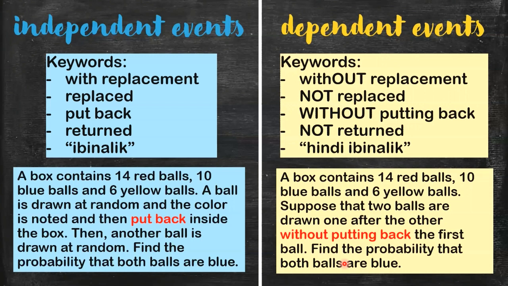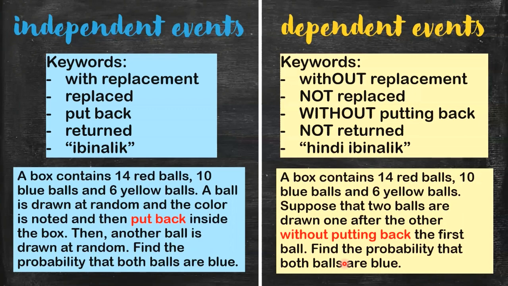So pareho ang pinapahanap na probability, magkaiba lang yung pagkuha ng dalawang balls. So it's like the probability of getting a blue ball in the first draw and a blue ball again in the second draw. So how do we get the probability of A and B?